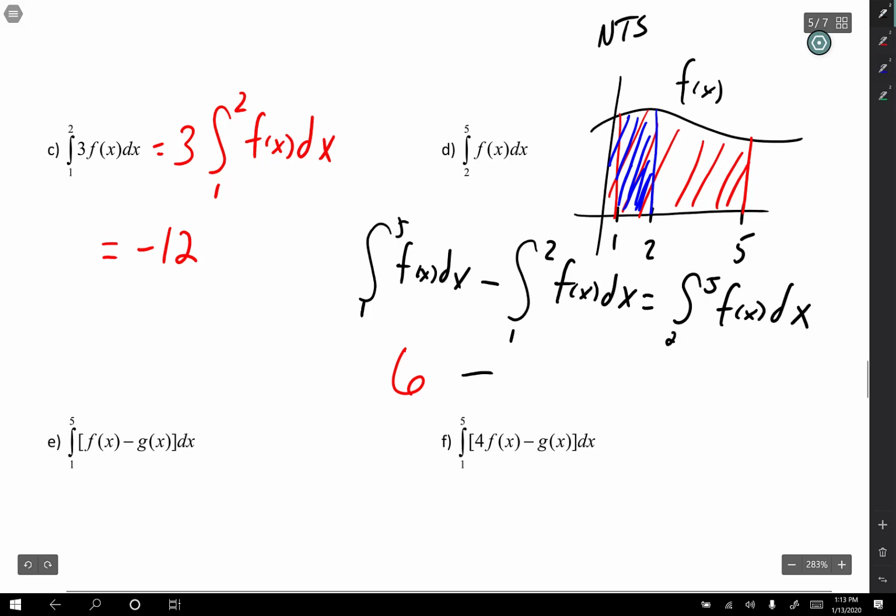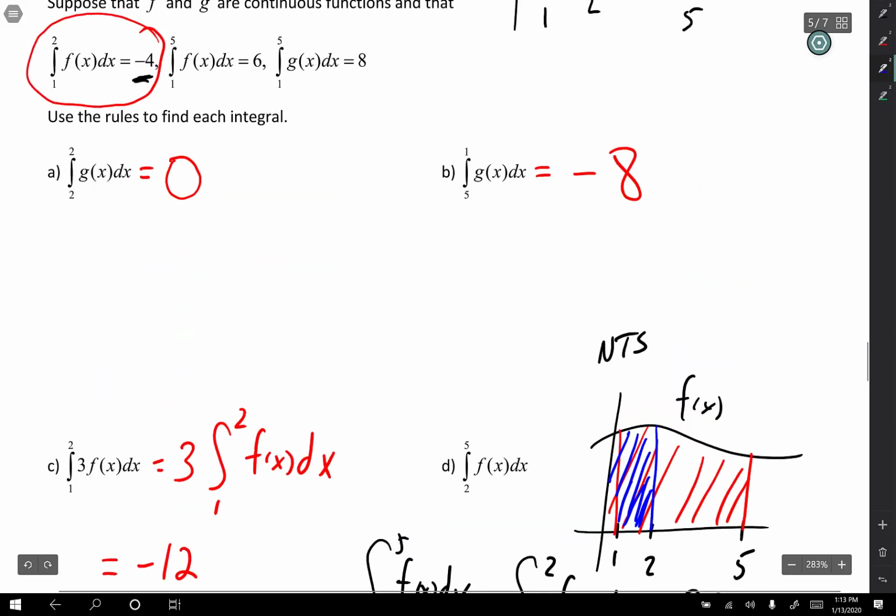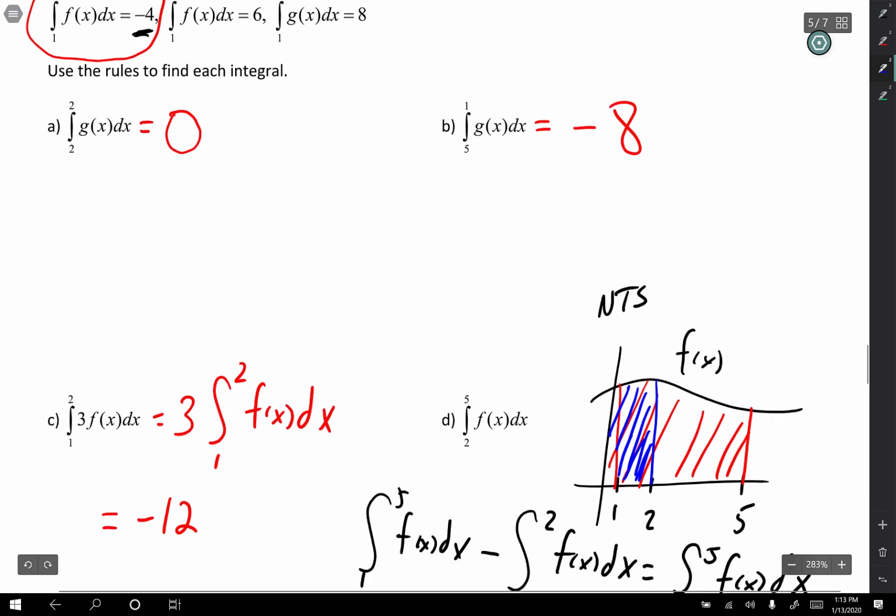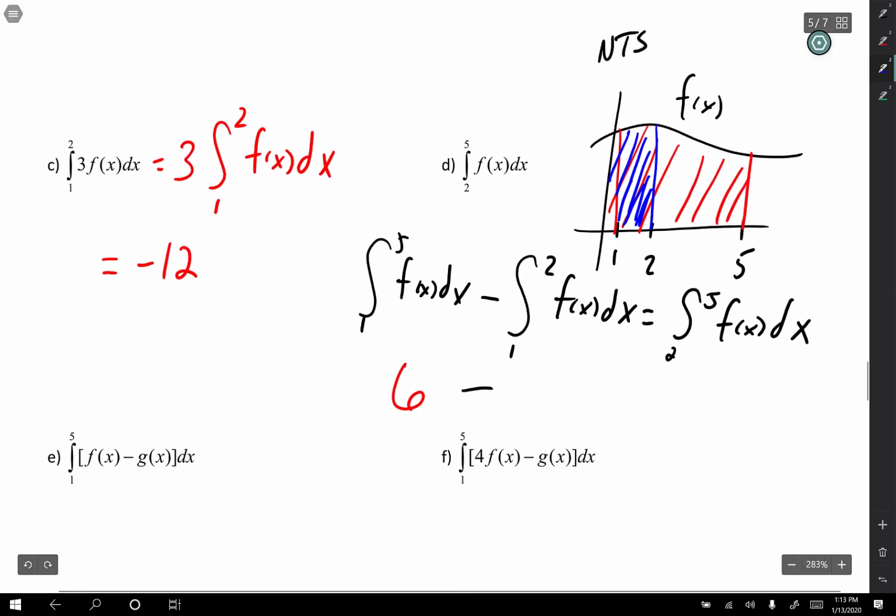Minus, and then the blue part from 1 to 2. And then the area from 1 to 2 is -4. Does that make sense to you guys? So my final area is going to be 10. Does that make sense to you guys? Okay.